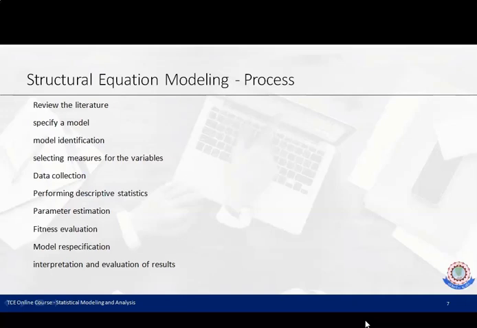Then we have to perform descriptive statistics. So here the basic terminologies of descriptive statistics such as standard deviation, variance. Then we have to perform descriptive statistics which explores the level and significance of each and every attribute in the data set.